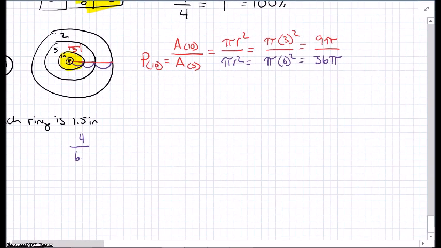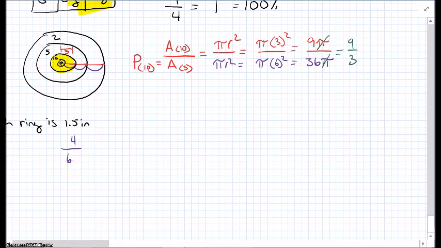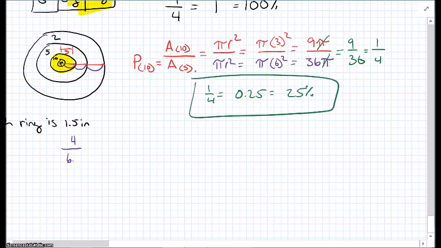Okay? So now we can just cancel and reduce. The pi's are going to cancel. So it's just going to be 9 over 36, which is just going to be 1 over 4. So our answer is 1/4, 0.25, or 25%. That's the probability it's going to hit somewhere in the yellow.